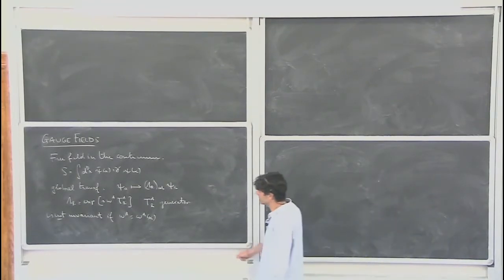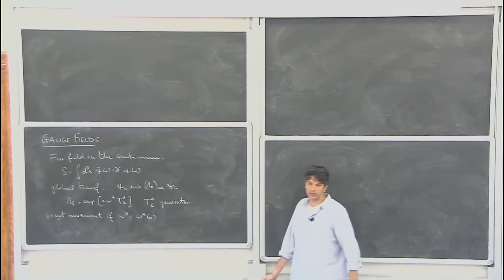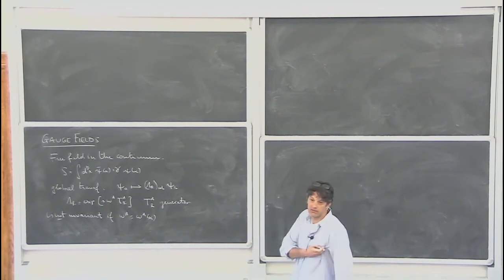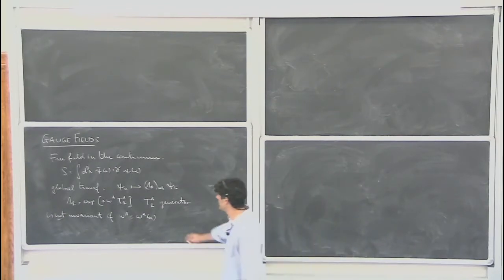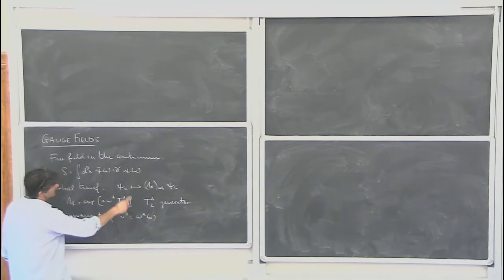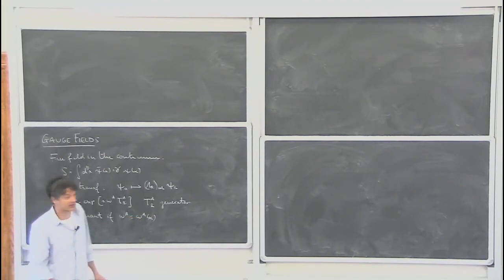If you want to have a theory which is invariant under local transformation, you basically replace the derivative with a covariant derivative. The problem here is that when you make the parameters dependent on space-time, then the derivative acting on the transformed field is also going to act on the parameter of the transformation. It's going to give you an extra term.